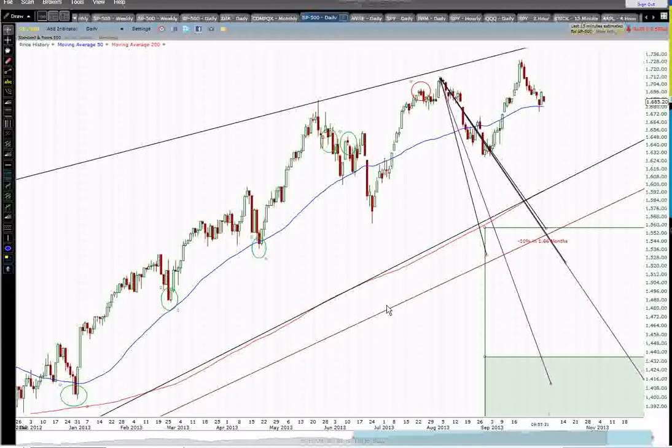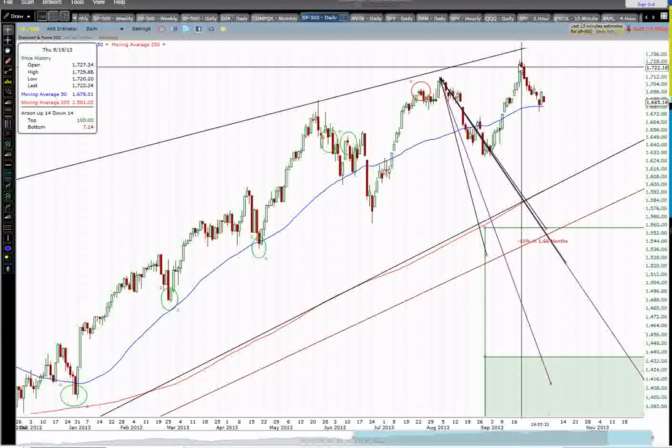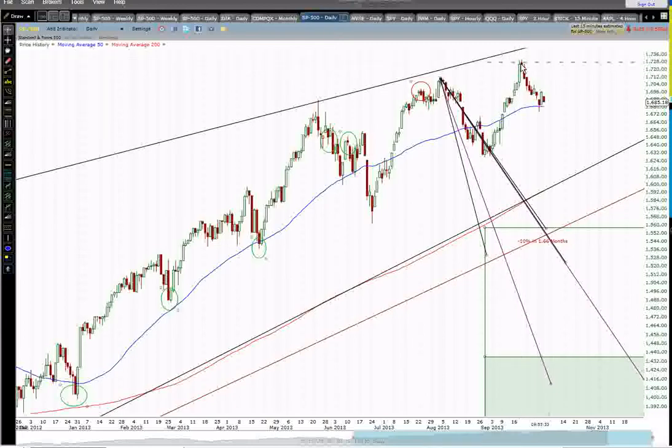And one of the things that I've noticed just repetitively over the years is, let's say this is the end of a leg up here in stocks and we're correcting. What we will typically see is when the market does come down to initially touch that 50-day moving average, there is some initial program buying that occurs there.